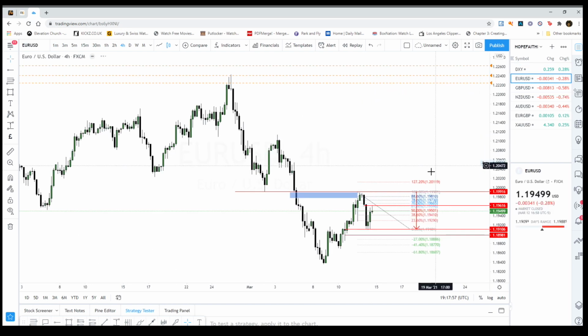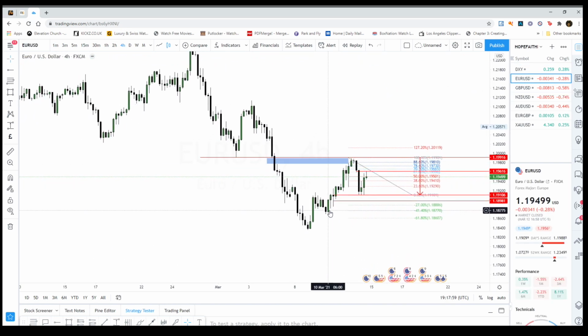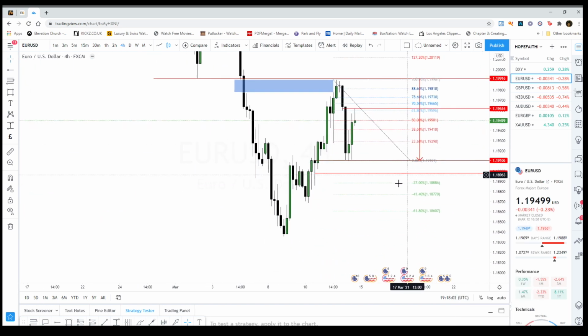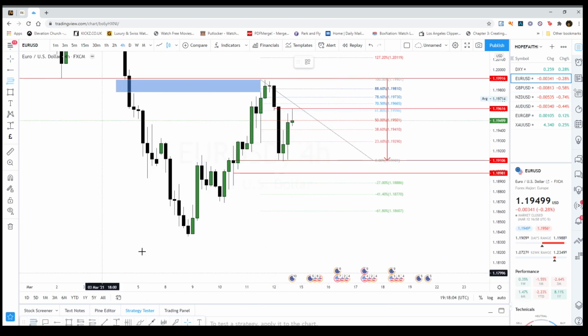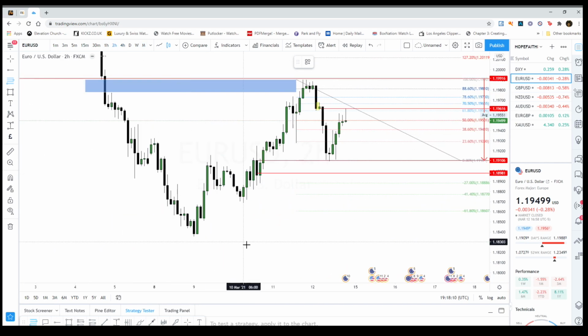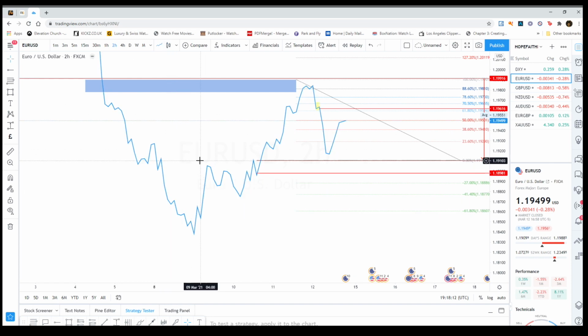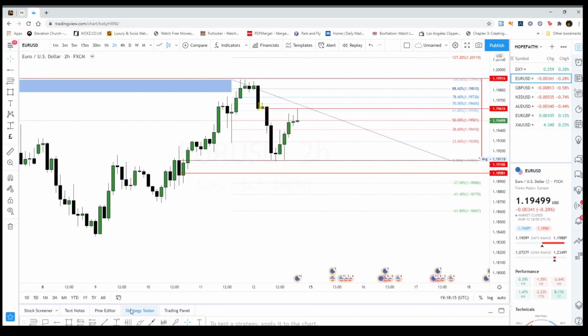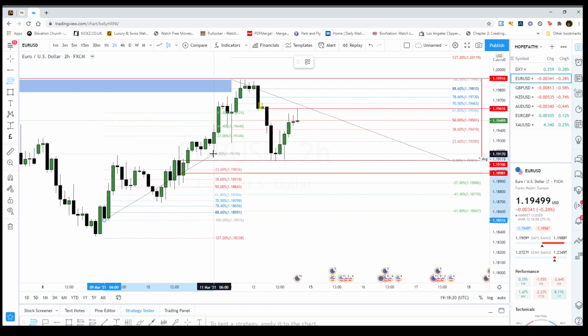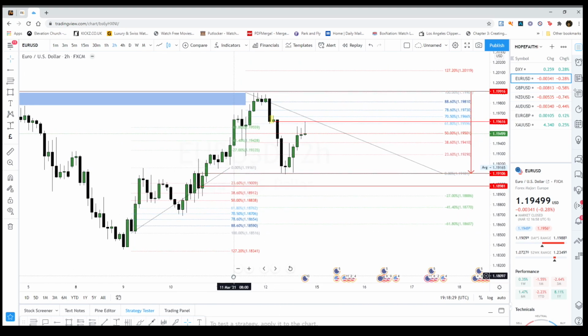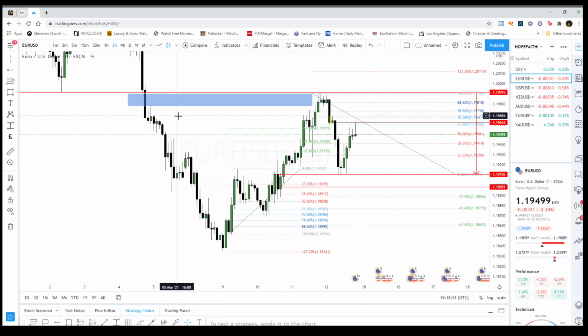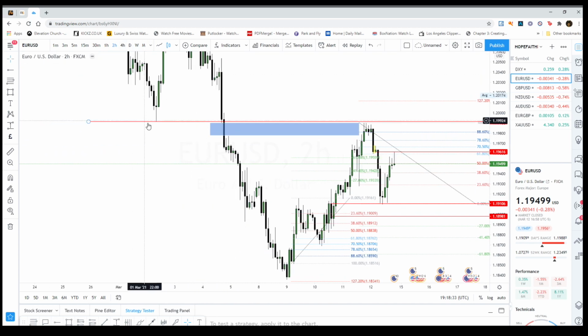So for the likes of Euro USD, you would have been buying from this area preferably. To give you an example, this was the 4R structure break, although it's not really clear because it's clear on the 2R. So that was the structure break. You would have fibbed that from here to the top, extended it, and you would have been able to enter at 618 or even 70 if that was a better choice for you, and targeted this area on the 4R or 2R time frame.